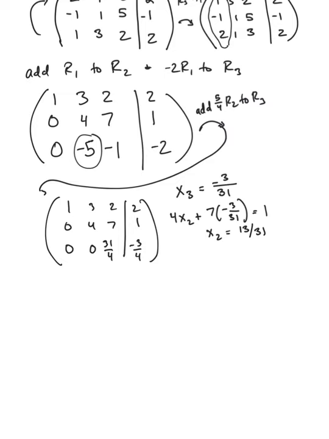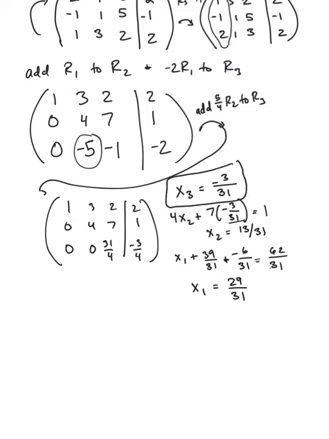And finally, we have x1 plus 39 over 31 plus, minus 6 over 31 is equal to, I'll say, 62 over 31. So we get x1 is 68 minus 39, so we get 29 over 31. Maybe I did not pick the best numbers, but we got the solution.